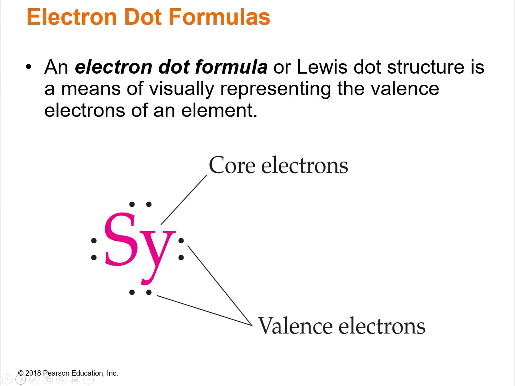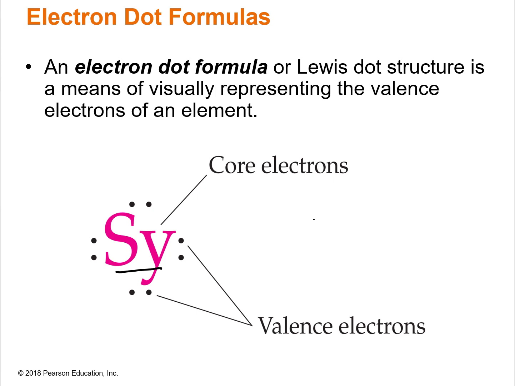Let's build on that. We can represent those valence electrons visually using an electron dot formula or Lewis dot structure. They're the same thing, you just may see one term or the other. The way that you draw one is you write the symbol of your element, and then you surround it with all of the valence electrons.